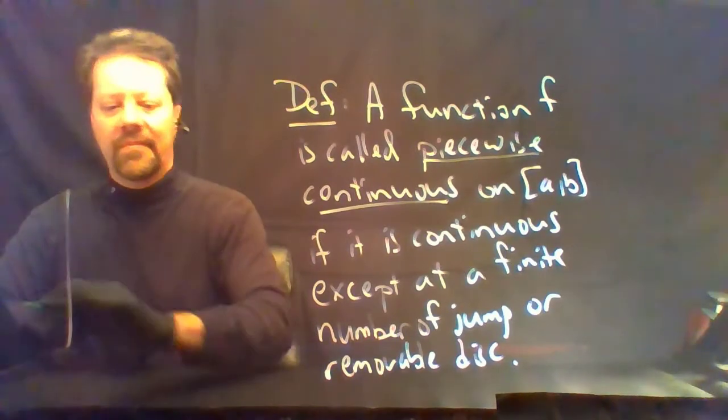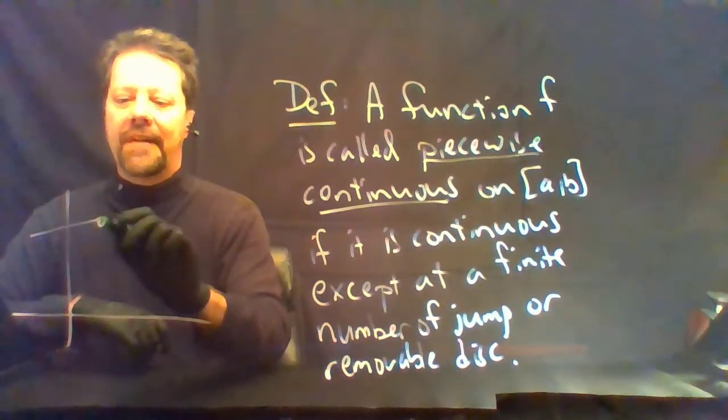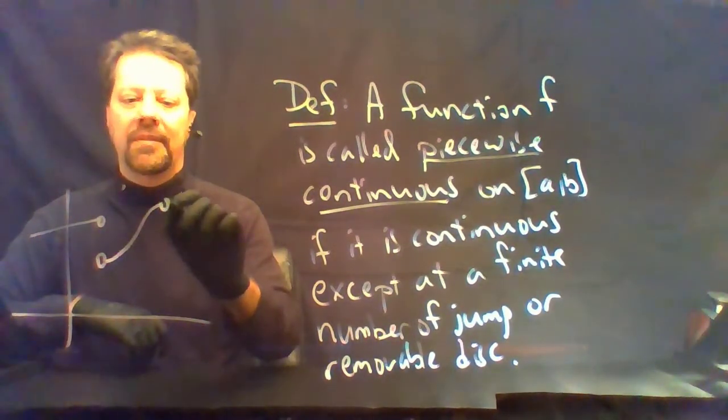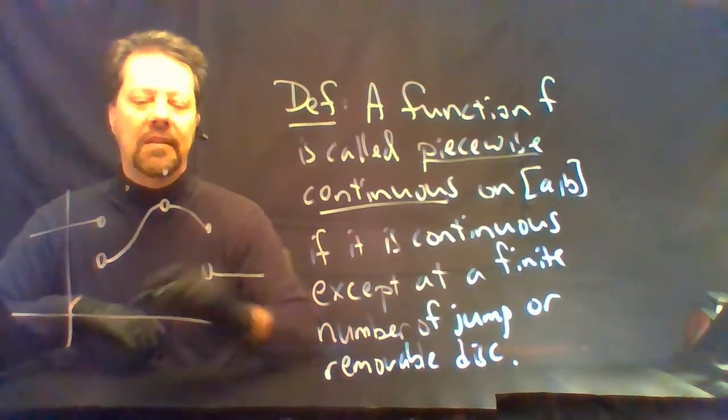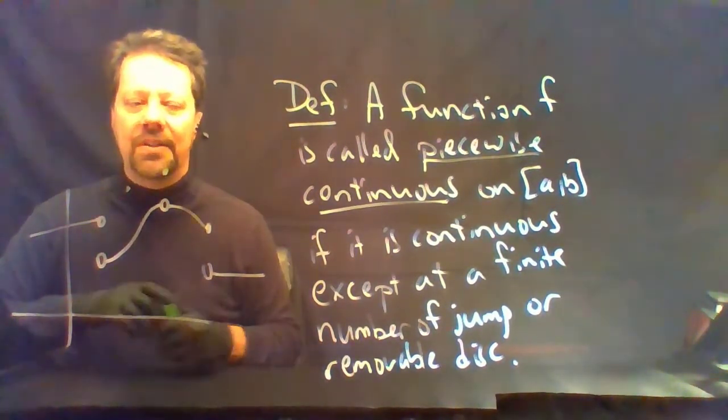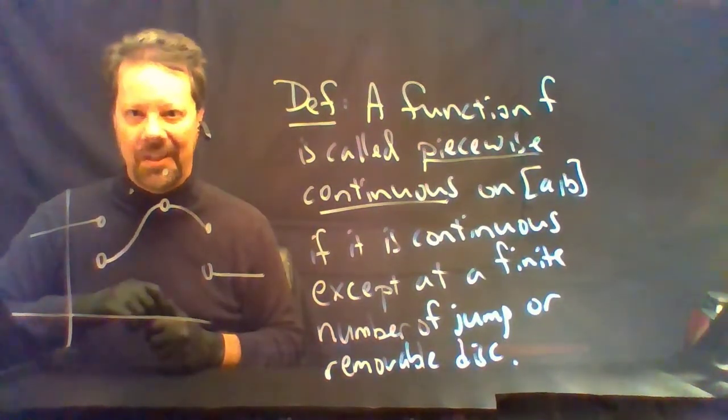So, if it has only a finite number of places where it jumps or has removable discontinuities, then the function is called piecewise continuous.